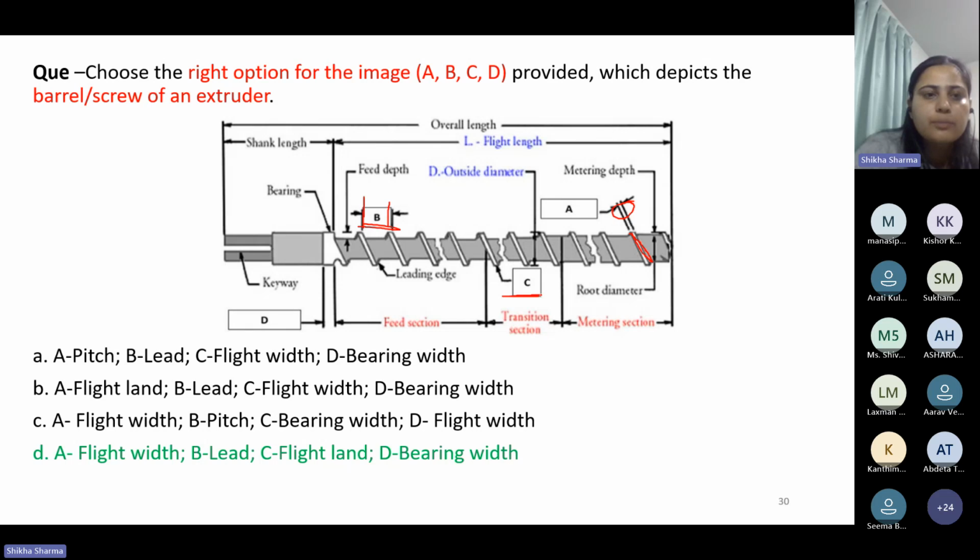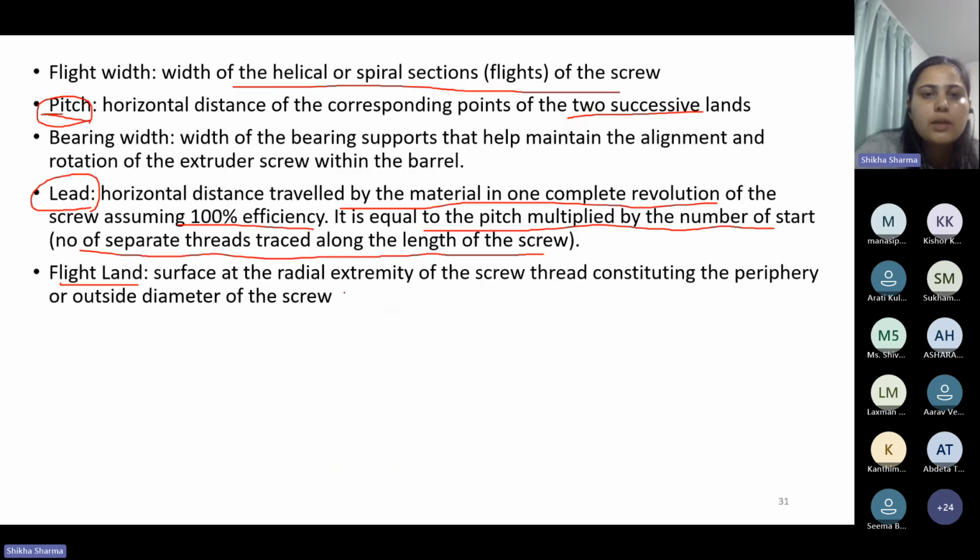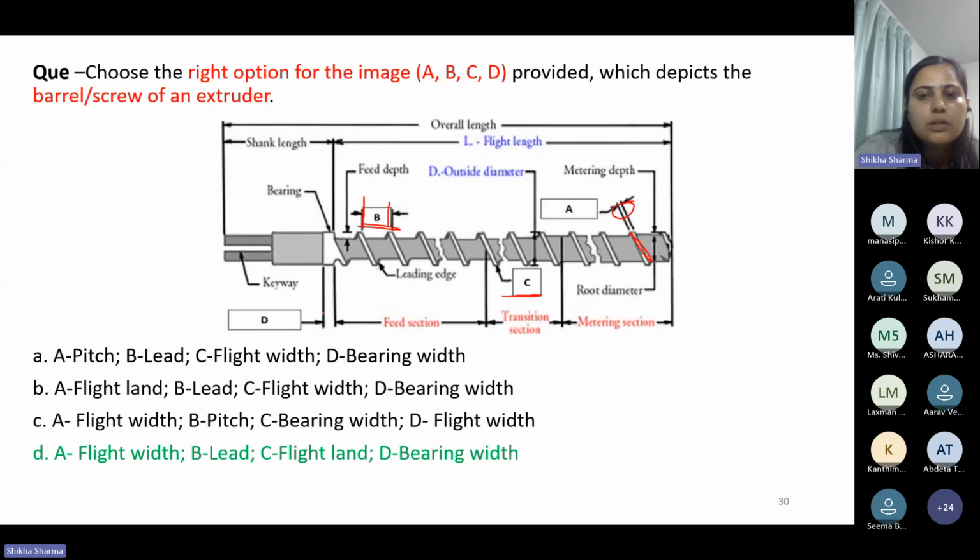Then C, this one is land, which is the surface at the radial extremities of the square thread constituting the periphery or outside diameter of the screw. So this is the surface at the radial extremities. So we call it land.